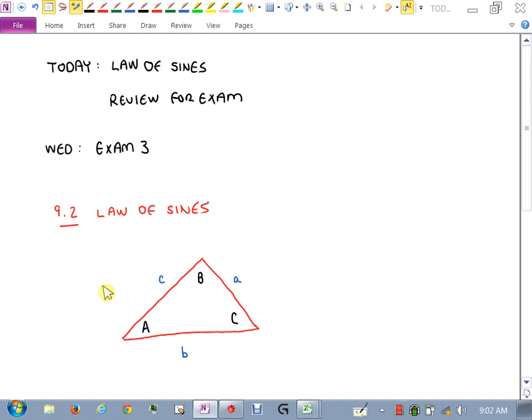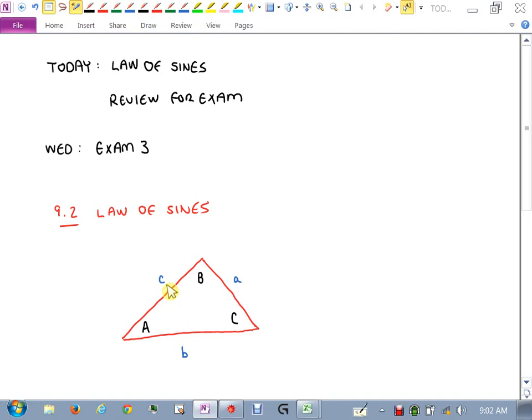Angle capital A corresponds to little a, which is the side opposite of that angle. Capital B, you look at the side opposite of that, that's little b. And capital C, the side opposite is little c, all right? If we agree on that convention, then we're going to be able to develop the law of sines.